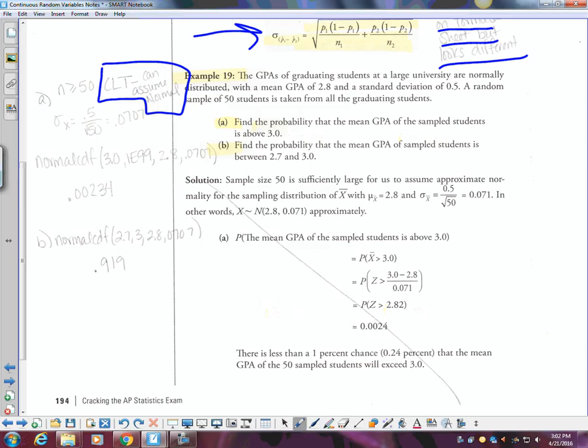Find the probability. Okay, so I know I want a normal CDF. I want to go from 3.0 to infinity. Technically, I guess it should go to 4.0, but you don't know if this is weighted or not, so just go to infinity to be safe. Who is the 2.8? The mean.